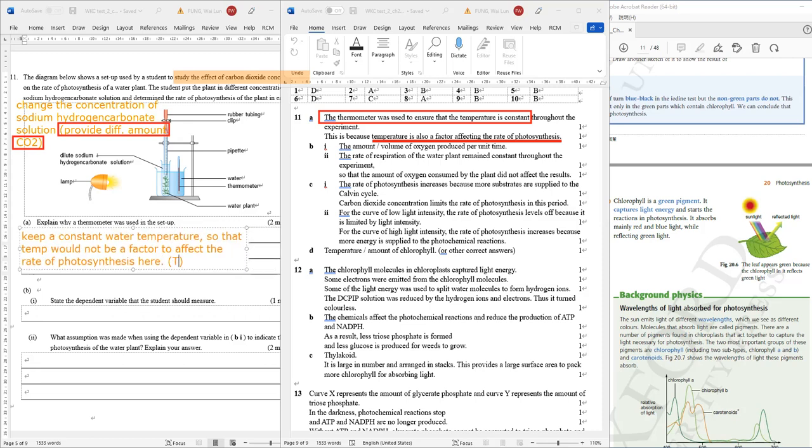The only factor that affects the rate of photosynthesis is CO2 concentration.